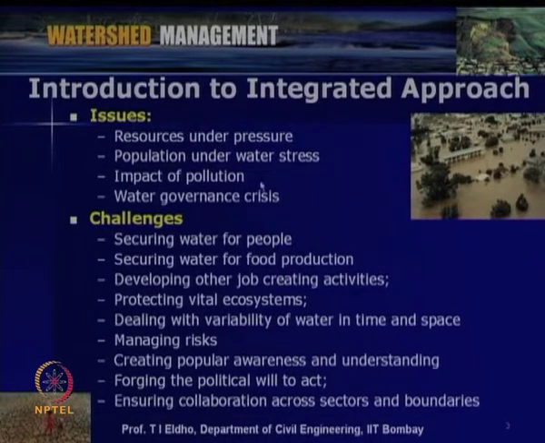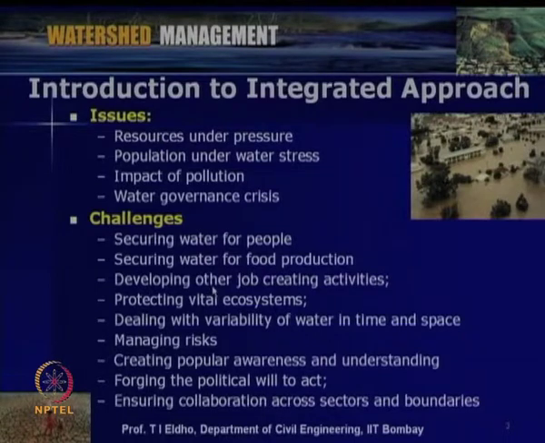So, with respect to these issues, what are the challenges when we discuss integrated watershed management? Some of the challenges I have listed here were securing water for people. So, people should get sufficient water in good quantity and quality. Then securing water for food production, that means for agricultural activities.